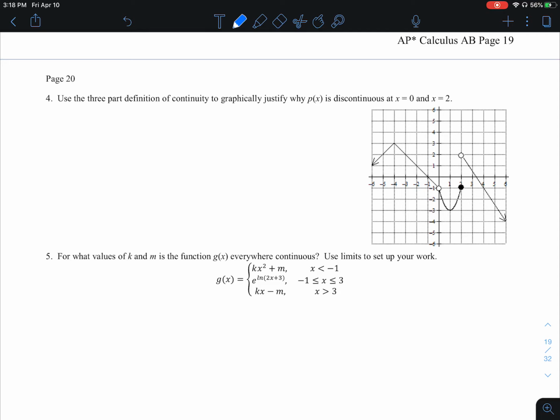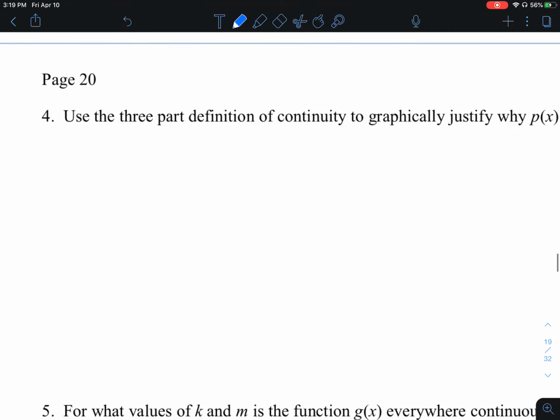Alrighty. Well, at x equals 0, that's easy enough, because we could just simply say that p of x is not defined at x equals 0.